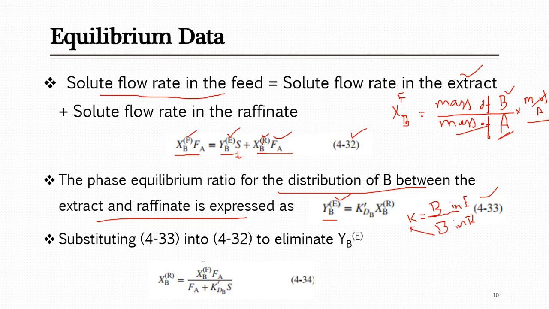Overall you can see xb with raffinate and xb with raffinate, so just take them common. If I take this term common, FA plus KS, and then rearrange this equation in the form of xbr, for some purpose later I have to calculate some value, you will get equation 4.34. Just write it in your notebook and rearrange it, and you will get to this equation.